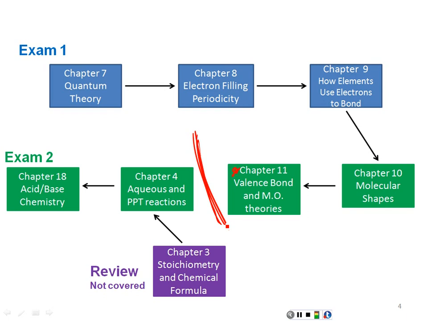All the material up to now is sort of built off each other from chapter 7 on. Now we're going to go back and cover material from chapter 4. And just to remind you, the review that we really didn't cover in class from chapter 2 and chapter 3, this is when that material is going to become important.